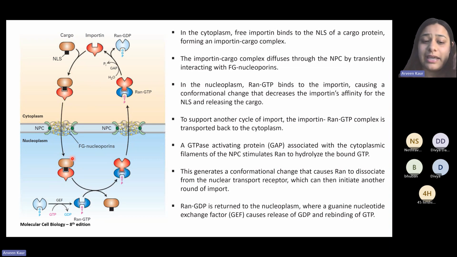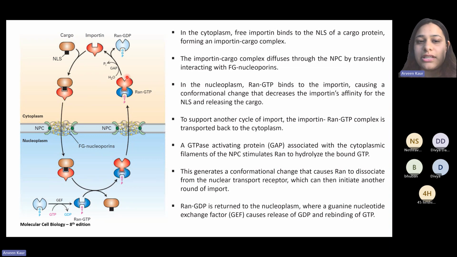It will interact with the GEF, which will convert this GDP subunit to GTP, wherein the binding of the cargo with the importin will reduce, and this will lead to dissociation of the cargo inside the nucleus. Then the importin RAN GTP complex will be bound and it will go outside.